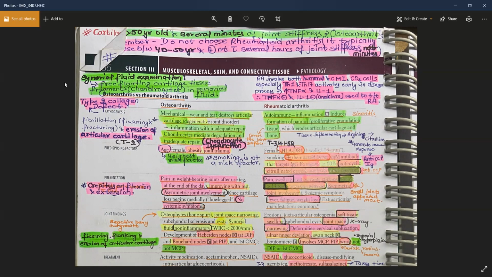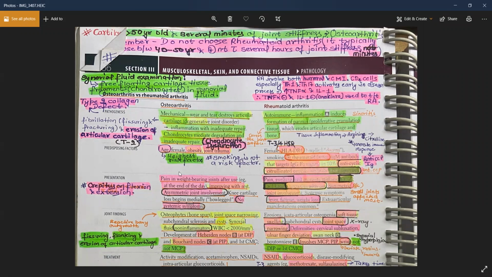So it is free floating cartilaginous tissue you will see, and fragments of chondrocytes can also be seen in the synovial fluid. When you zoom in, you will see the chondrocytes in them. So free floating chondrocytes in the synovial fluid you will see on the examination, right?